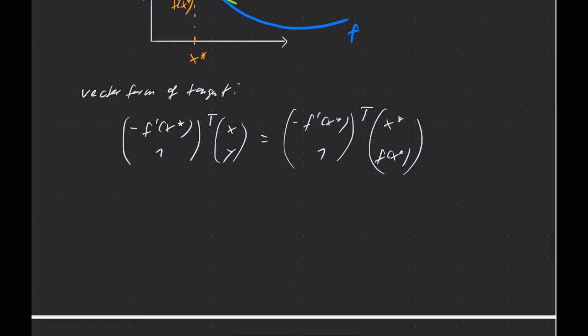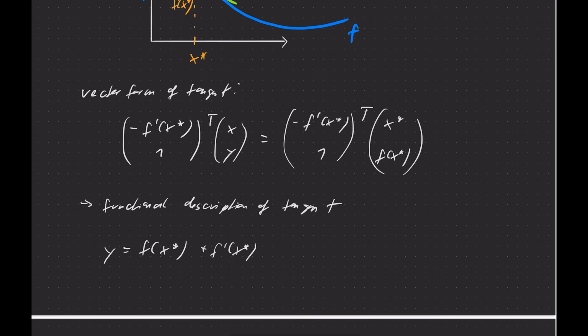And you can see if you just multiply that, then you get back to the functional description above. Yeah, so the functional description of the tangent that directly follows from this is y equals f of x star plus f prime of x star times x minus x star.